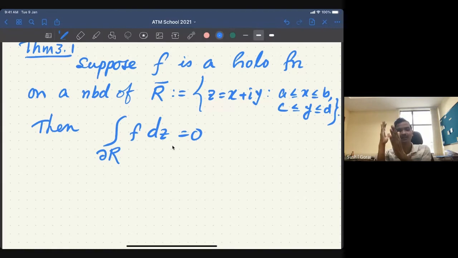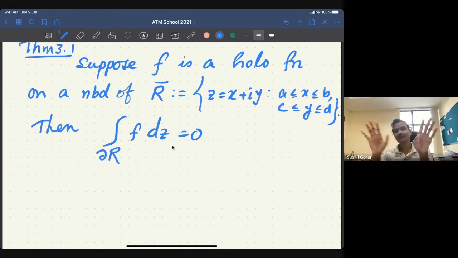You divide that again by half, and keep on doing it, and make it so small that you can actually put that small interval inside one of the members of the open cover, and that would contradict the assumption.